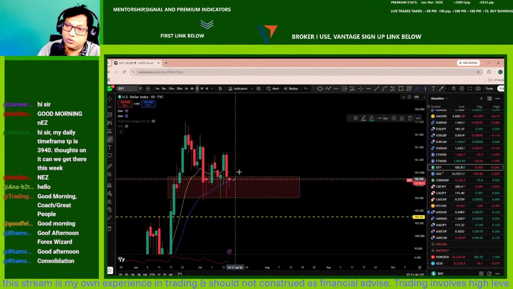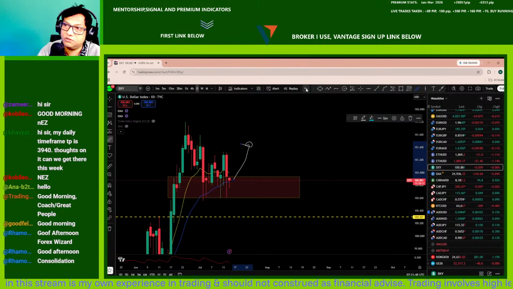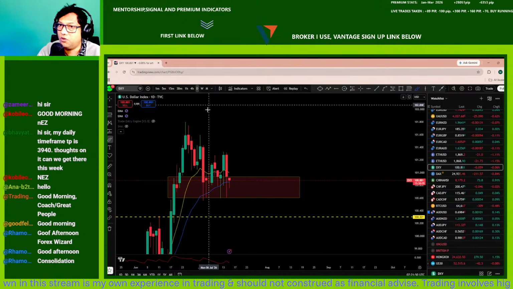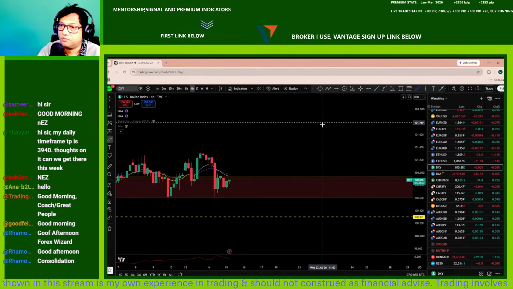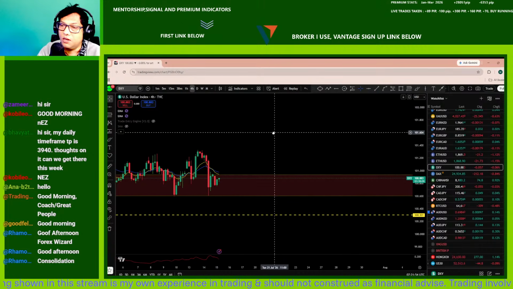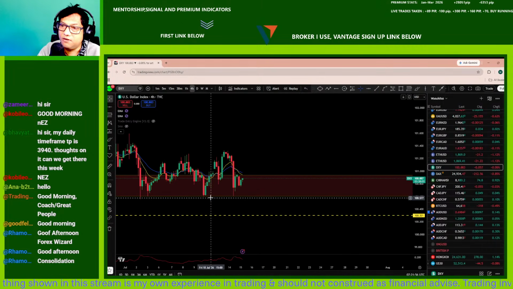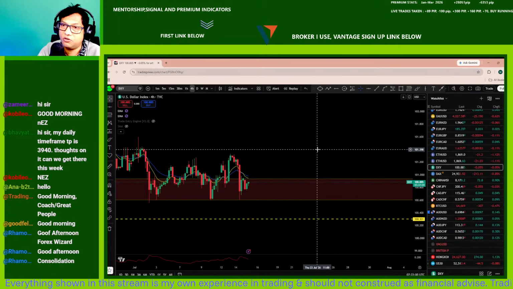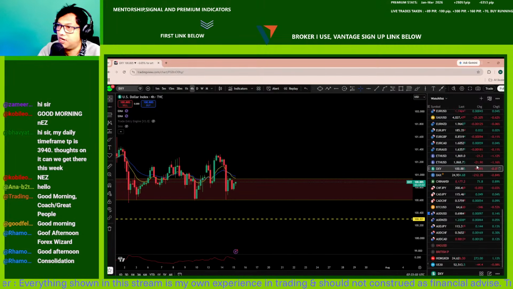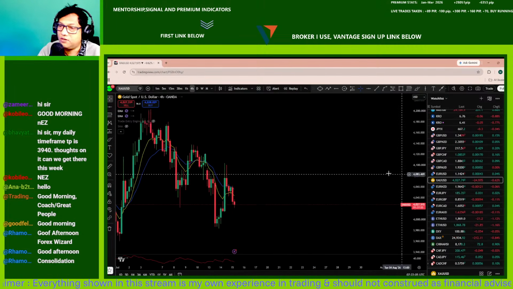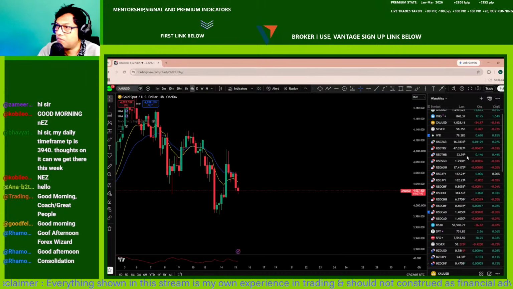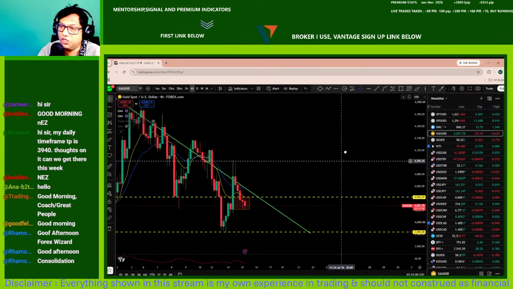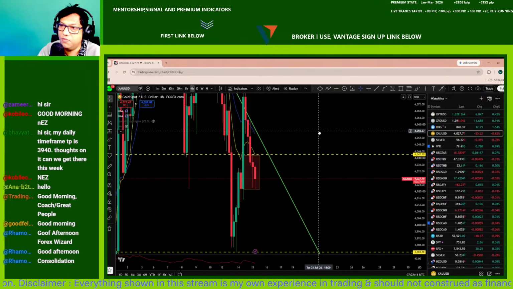Okay, so you could see the continuation of this market structure on DXY. So with that said, this is a triple bottom here on DXY, which shows upside. So therefore, from all of that we can see that XAUUSD is potentially to remain bearish.